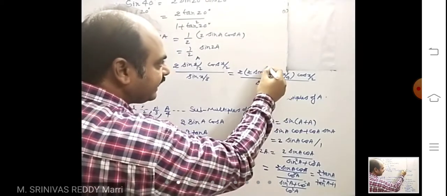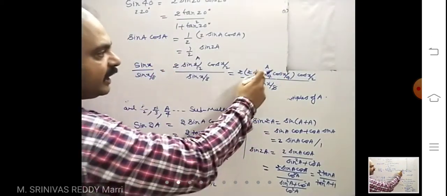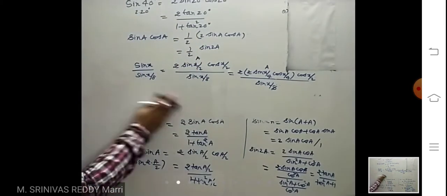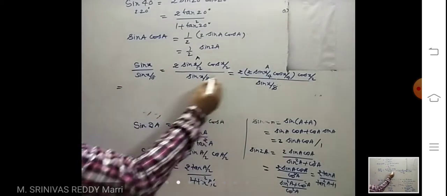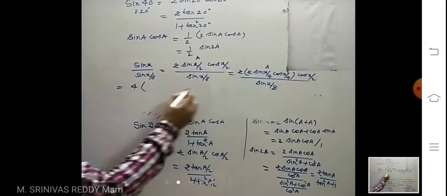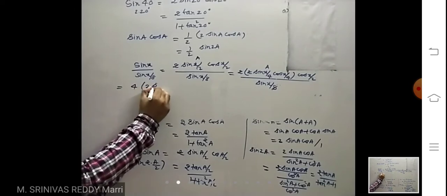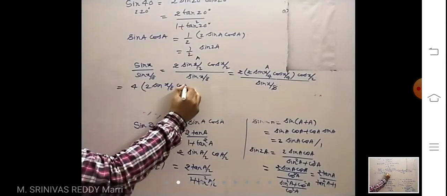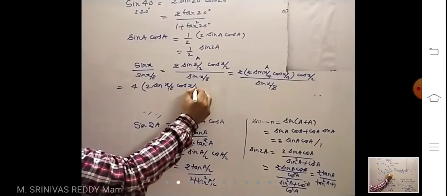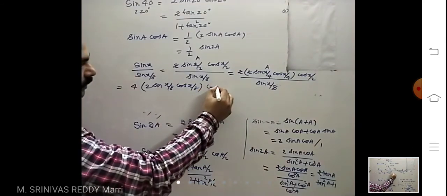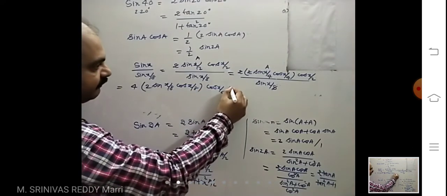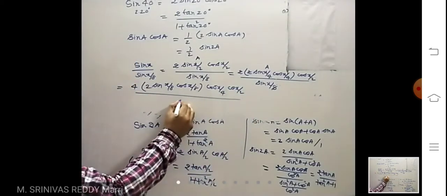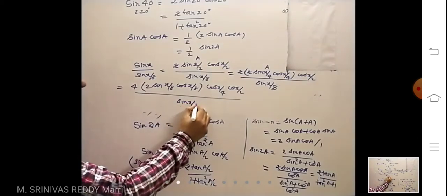Again 8 is there. Now again we will take sine. So you have the option of writing the sine formula, again sine A, again half angle you will get. Again half angle means 2 into 2, 4 into sine x by 4 I am writing again. 2 sine A by 2 means x by 8 cos x by 8 into cos x by 4 into cos x by 2 divided by sine x by 8.